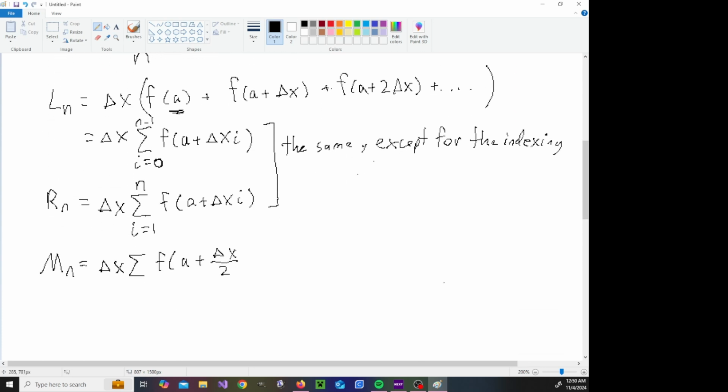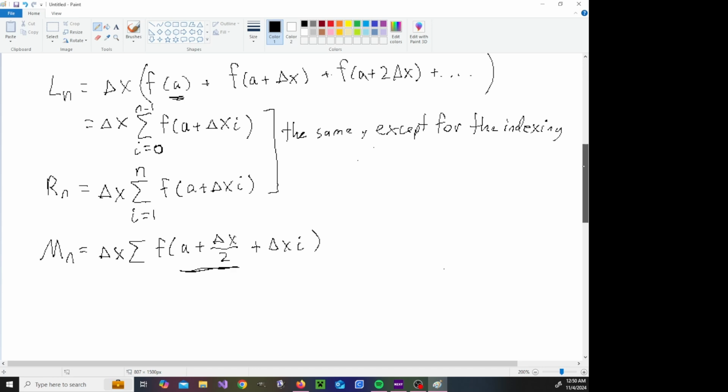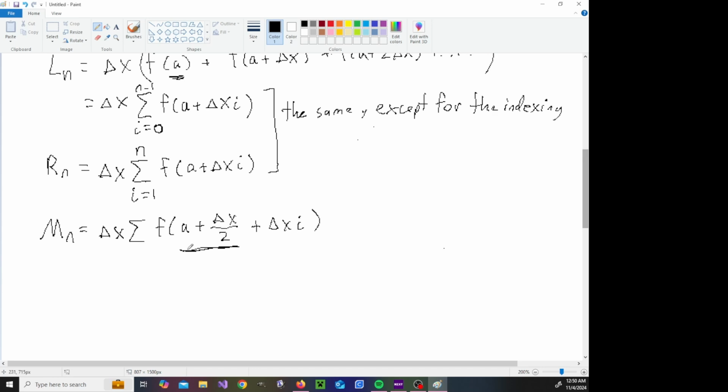So we're going to have delta x over 2, right? So far this just gives us a starting point, and then we're going to move forward by delta x i to get the other midpoints. But again, because I want to start here, I don't want to start having already added one of these.